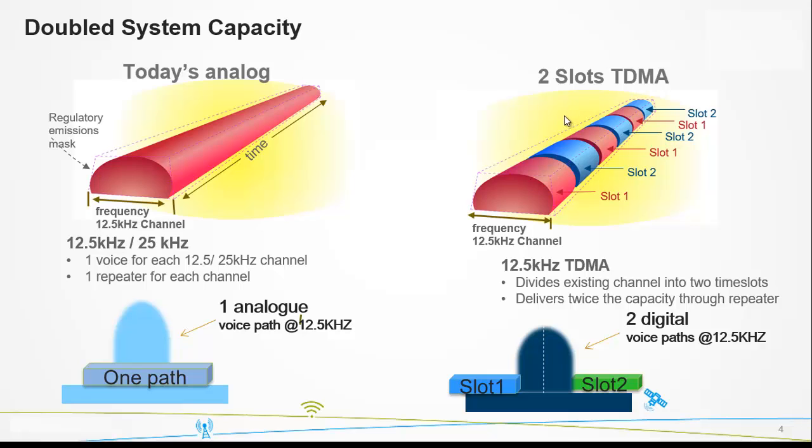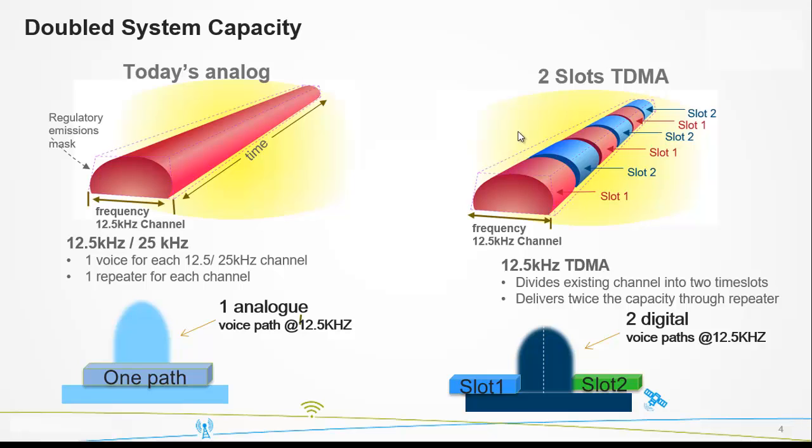Then for example, this red portion, if this is being used, let's say the radio uses 5 watts of power and the other one is not used, then this is 0 power. This is divided into split seconds, or milliseconds, 1,000th of a second. So only this slot is used while the other one is not used. Therefore, you save a lot of power, a lot of battery life if you compare it with analog.